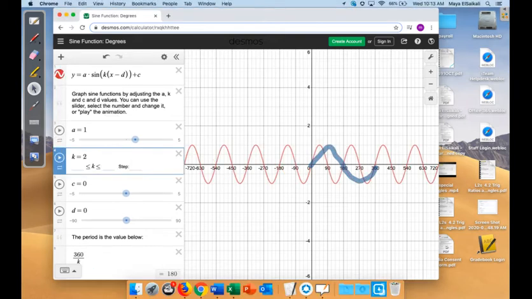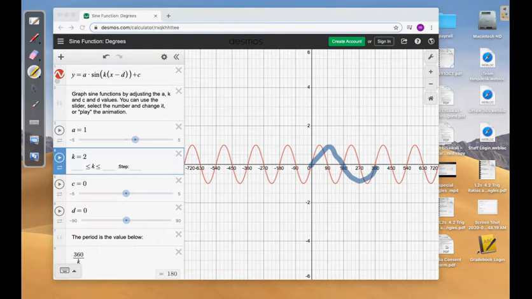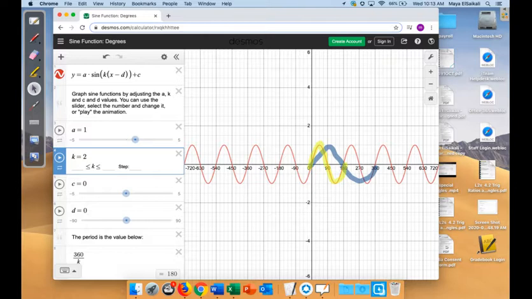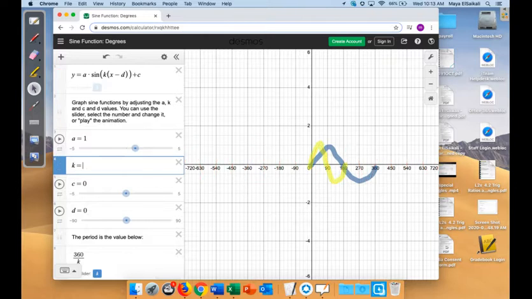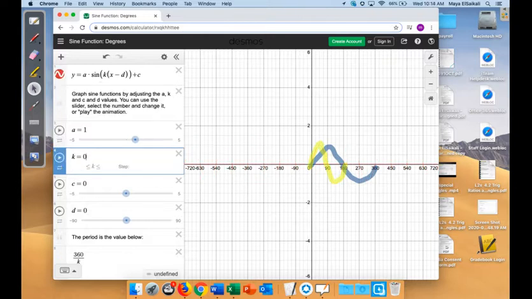Now here is my new function. So you see that's half of my original one. So I had a horizontal compression if k is greater than 1. If k is less than 1, so it's between 0 and 1, so let's look at it as, for example, 0.5, right?